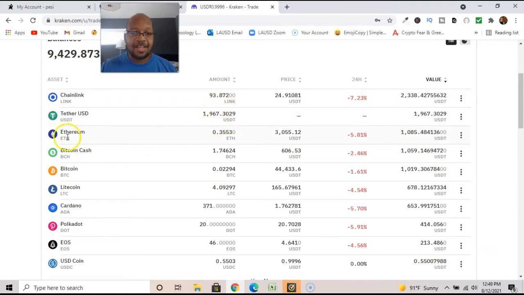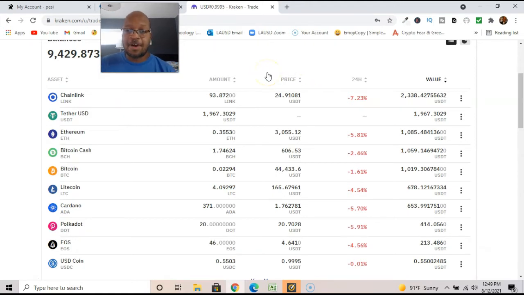Ethereum, I have 0.3553 Ethereum, and so forth and so on. Bitcoin, 0.02294 Bitcoin. When your traders are buying based upon your trading amount, you're going to be buying a certain amount of that particular coin, and that's what that column represents.